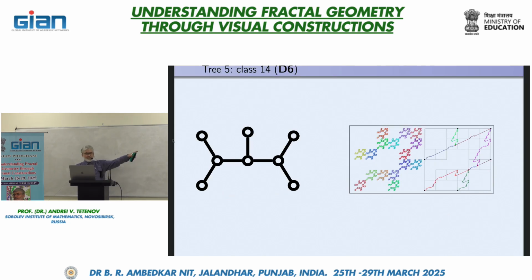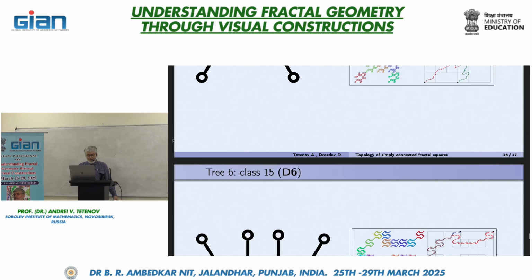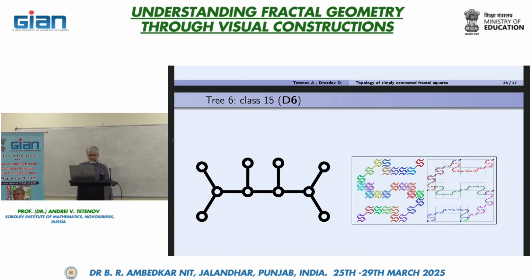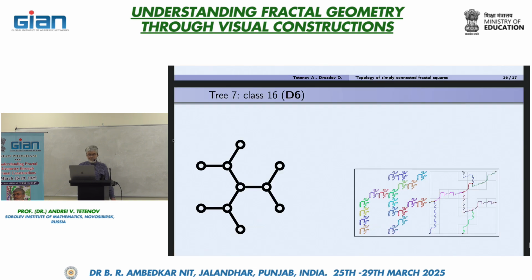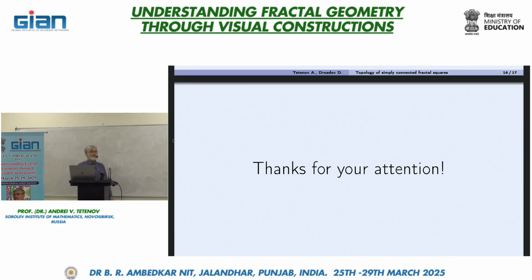And we can also construct fractal squares with a main tree of that configuration, and of that, and also of that, and finally we finish the talk and have a break.